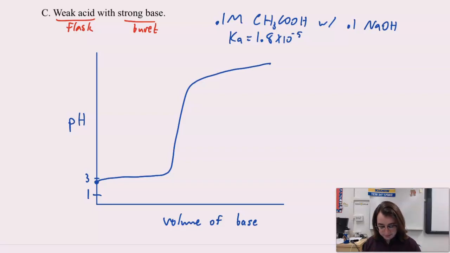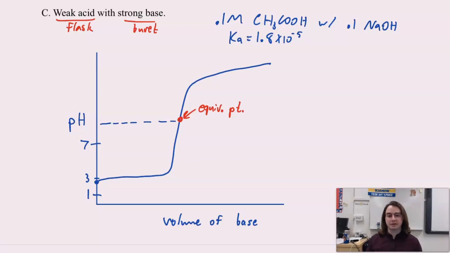This is the equivalence point, which I'm going to abbreviate as equiv point like this. If we were to draw this equivalence point over to the pH line, we would notice that this pH is actually somewhat above 7.